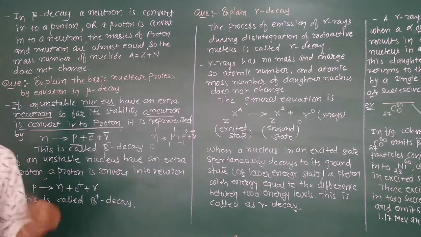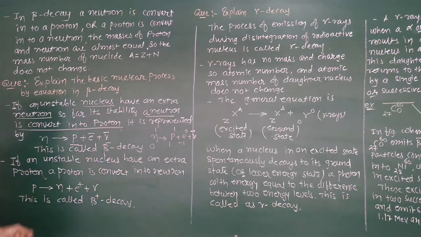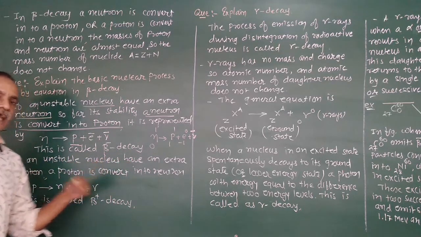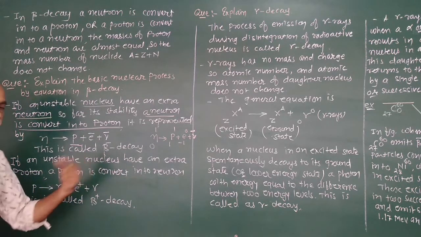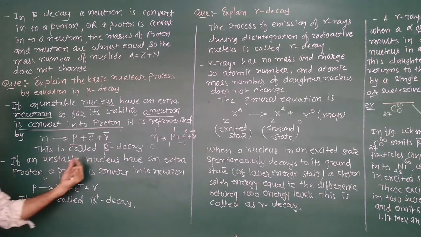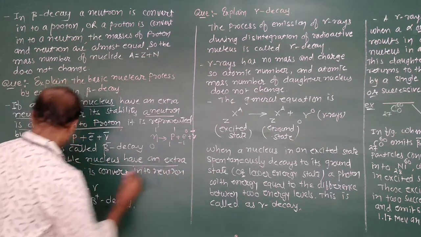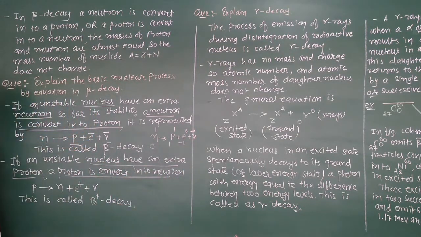Now, how is the positron emitted during the beta decay process? If an unstable nucleus has an extra proton, for its stability a proton is converted into a neutron.